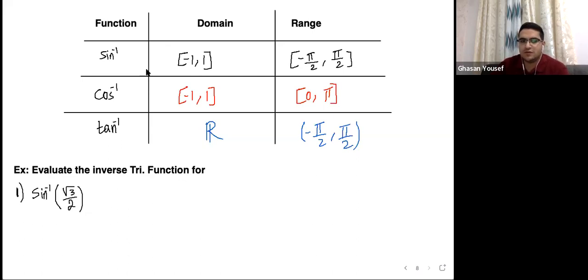So first of all, to solve something like this, you have to ask yourself, is the square root of 3/2 in the domain? The domain of the sine inverse is between -1 and 1. So is the square root of 3/2 in the interval from -1 to 1? Is yes or no?